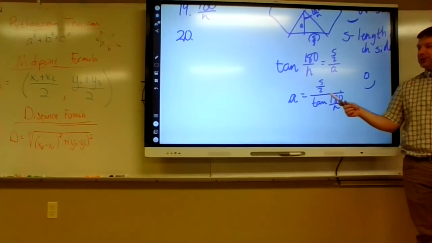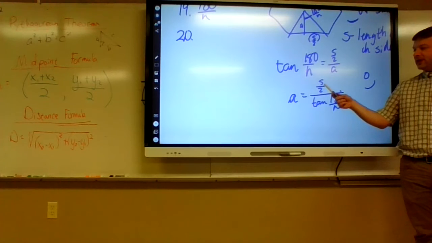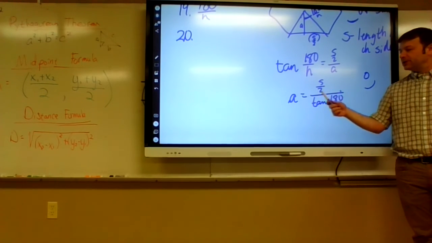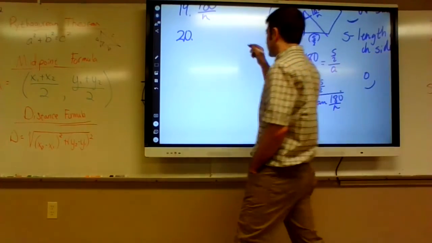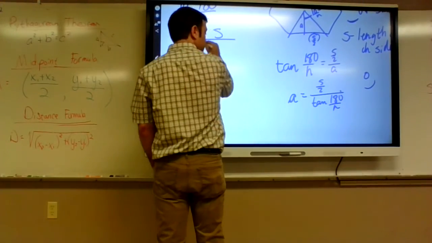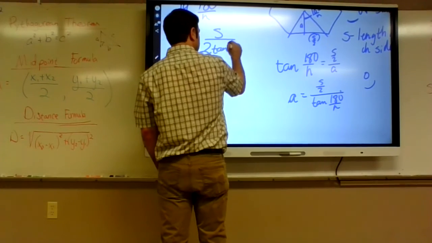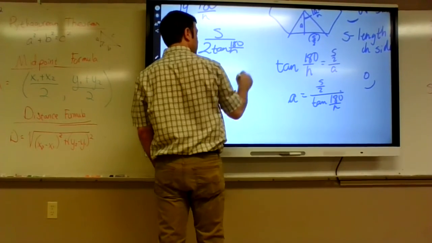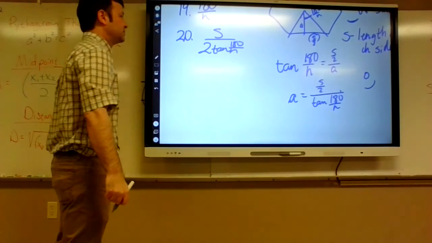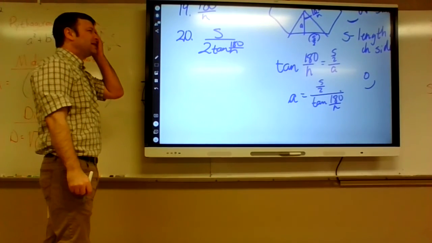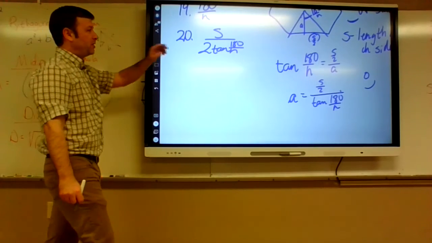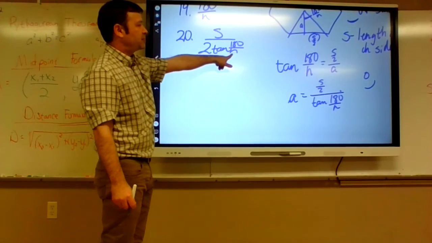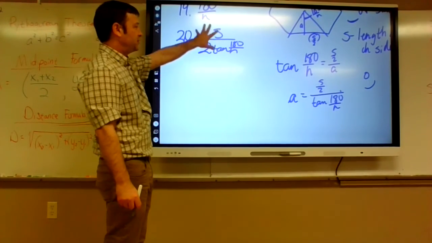That's pretty much it, except if you're dividing by 2, we could just put that 2 in the denominator. So it's s over 2 times tangent of 180 over n. So that is a formula for the apothem. If you know how long each side is and the number of sides in the polygon, this gives you an apothem.